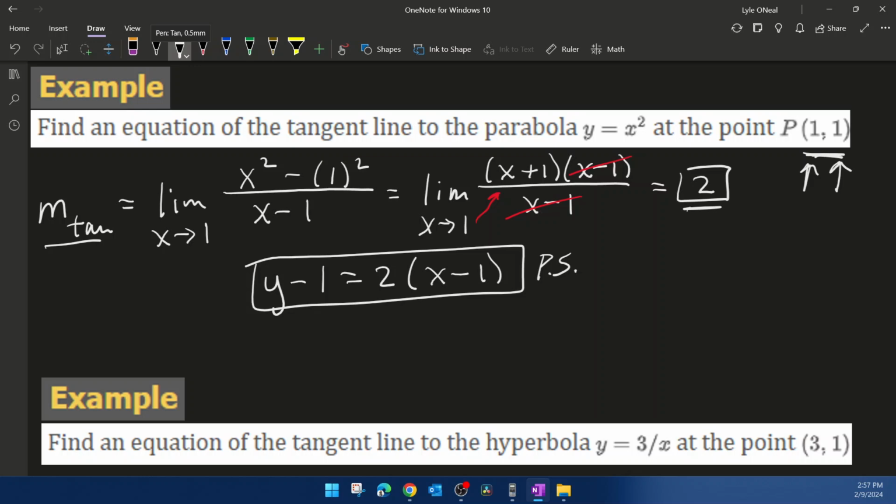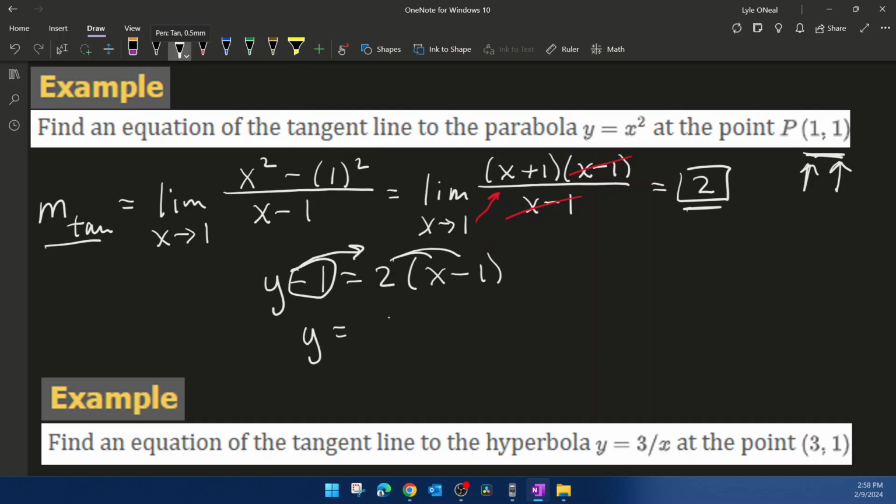Most problems say put the answer in slope intercept form. So in that case, we need to keep going. We're going to distribute the 2 and bring the negative 1 over. That's going to give us a 2x minus 2. Hang on, negative 2 comes over and makes a plus 1. Negative 2 plus 1 is negative 1, and we're done.